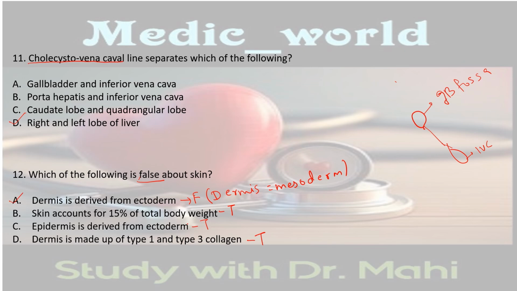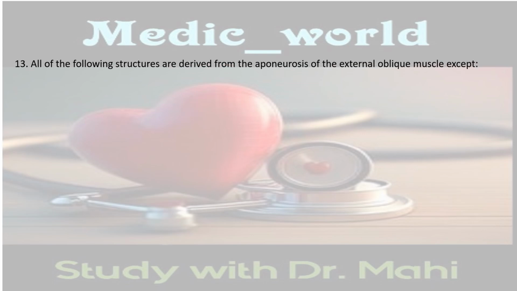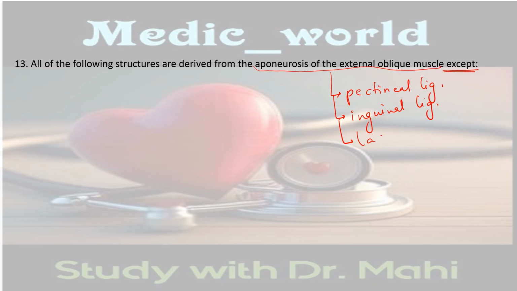Now the next question. All of the following structures are derived from the aponeurosis of the external oblique muscle except. Let's see the options. We all know that aponeurosis of external oblique muscle forms pectineal ligament, inguinal ligament, and lacunar ligament.